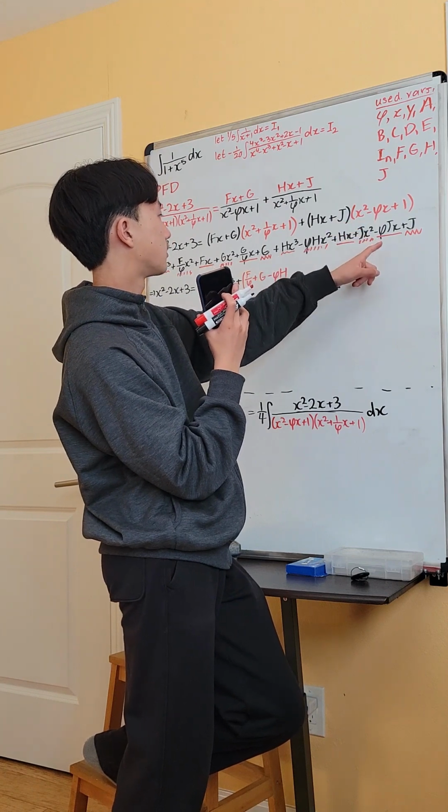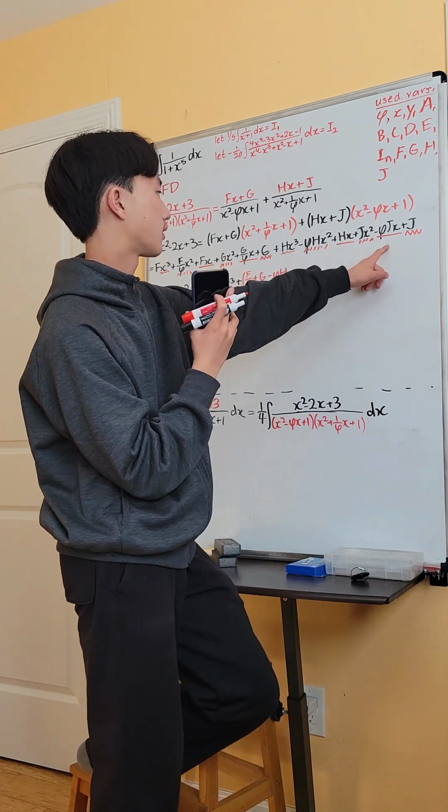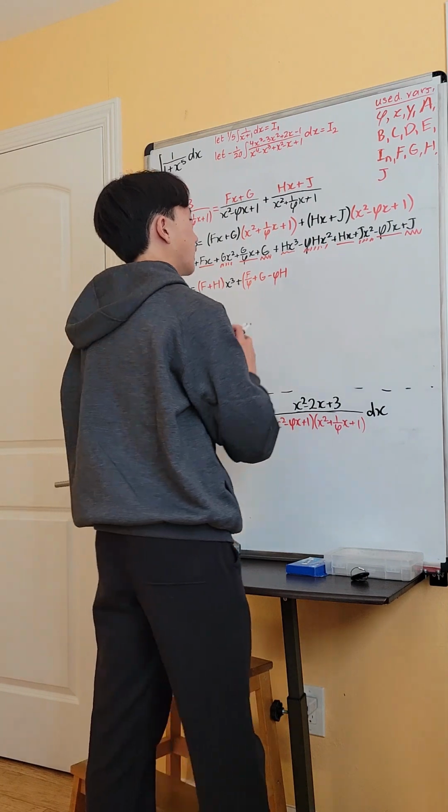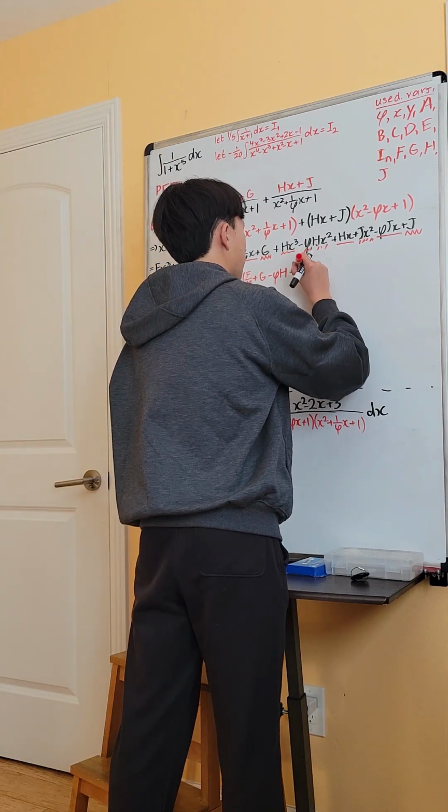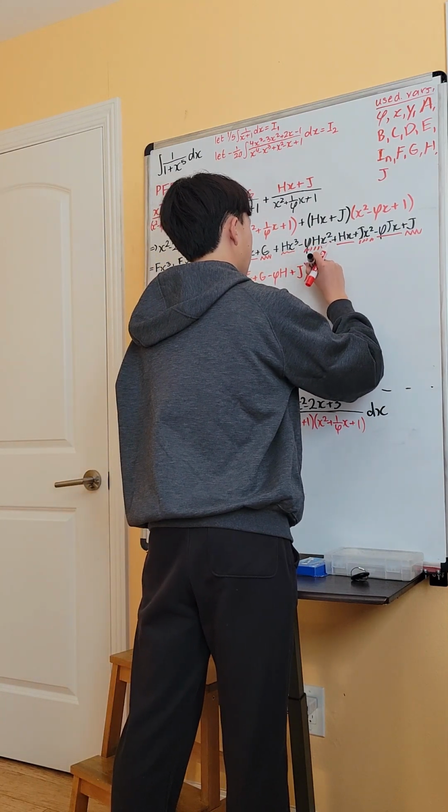Yeah, wait, sorry, I was looking at the wrong thing. This should be this one. So we have plus j, and we factor out the x squared.